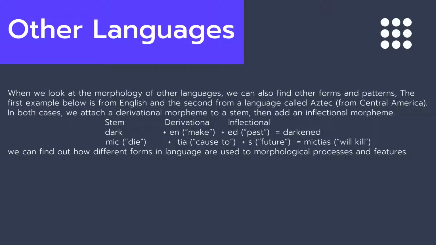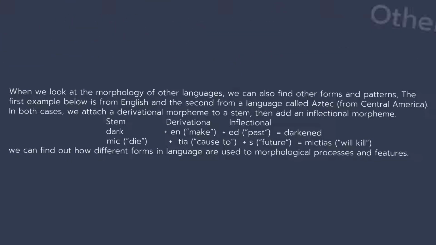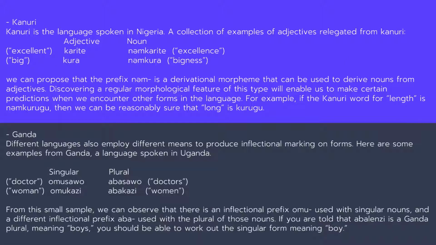We can find out how different forms in languages are used in morphological processes and features. Kanuri. Kanuri is a language spoken in Nigeria. Here is a collection of examples of adjectives and nouns from Kanuri. We can propose that the prefix nam- is a derivational morpheme that can be used to derive nouns from adjectives.